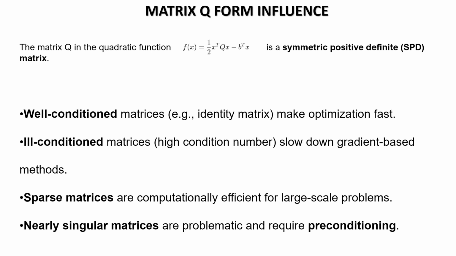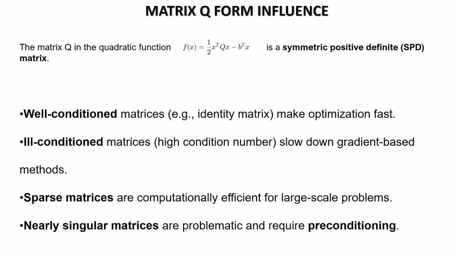So now we can finalize that the form of the matrix Q can have some influence on the form of finding the minimum of our quadratic function.